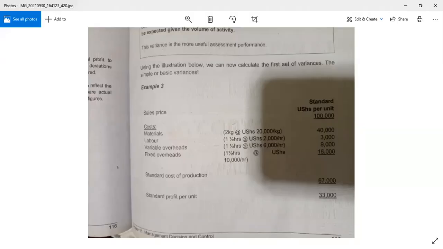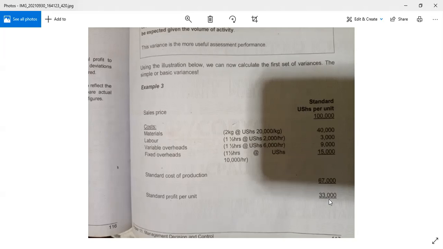So that's very important. Once you have that, because that is your standard costing statement, you also have your standard profit per unit. The reason why this standard profit per unit is very key is because we use it when determining our sales volume profit variance.